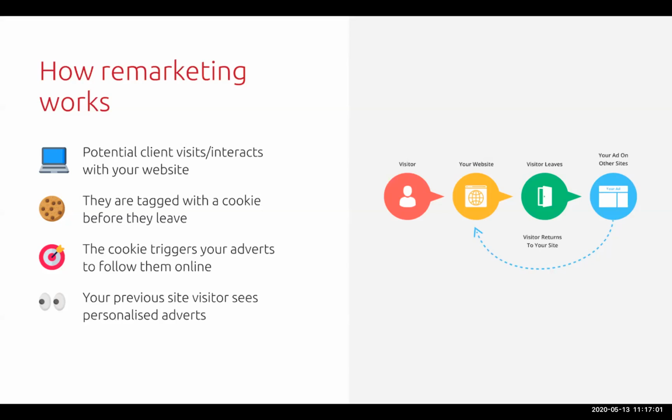So things like Google search, Google display, social media sites, even mobile native smartphone applications, which you download onto your smartphone, as well as some of the bigger video streaming sites as well.